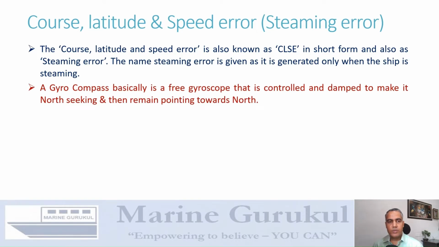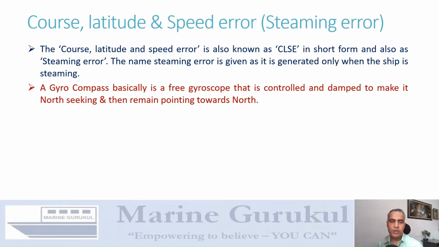Now a gyro compass basically is a free gyroscope which is controlled and damped to make it north seeking and then remain pointing towards north. At the first instance, it may appear that a free gyro which is controlled and damped is sensing and then pointing towards the northerly direction directly.